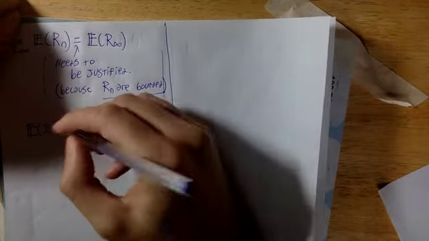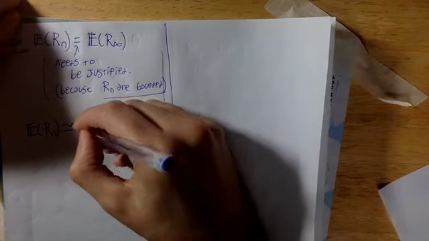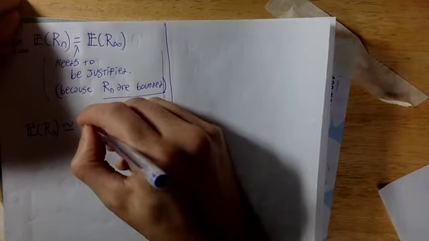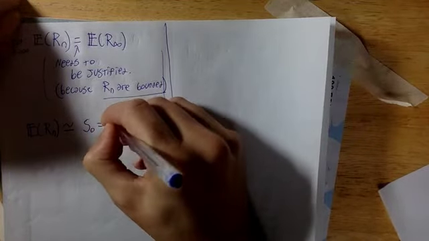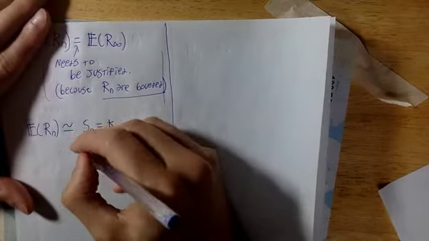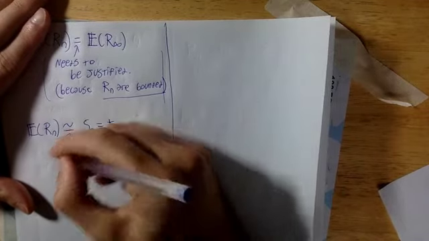So the expectation of Rn is approximately equal to S0, or in this case, K. And this is because we have a fair coin.